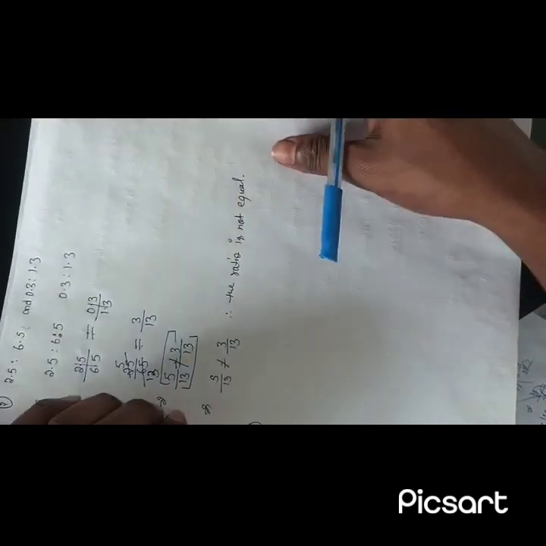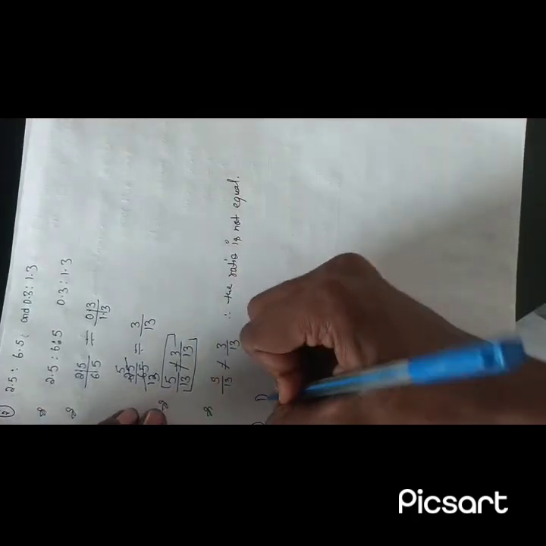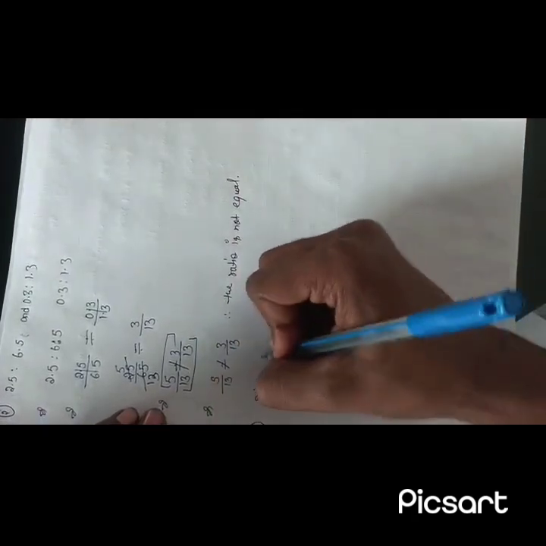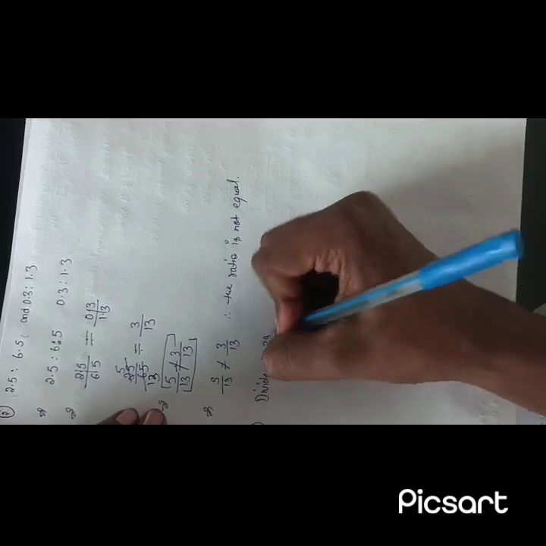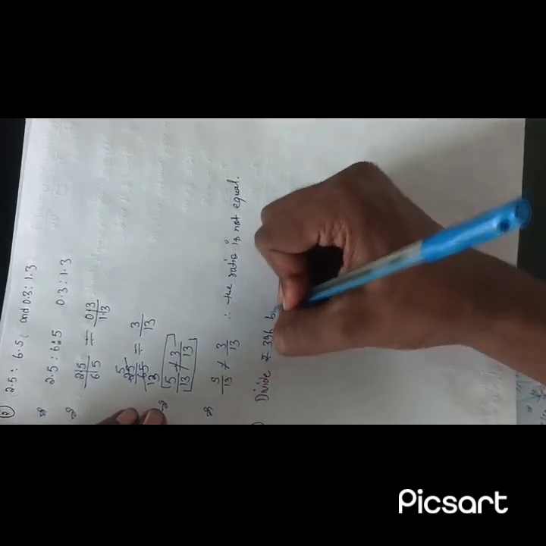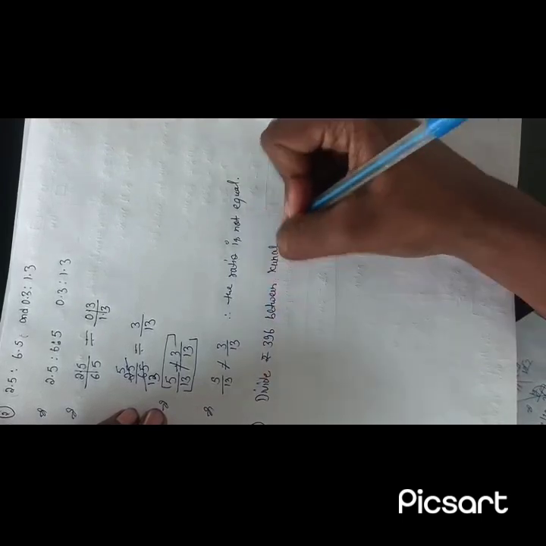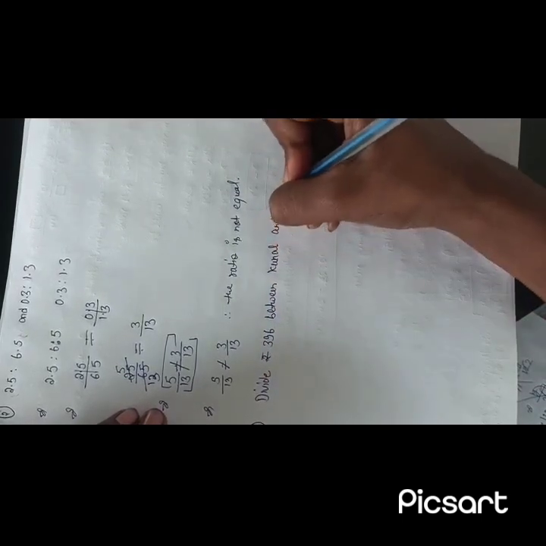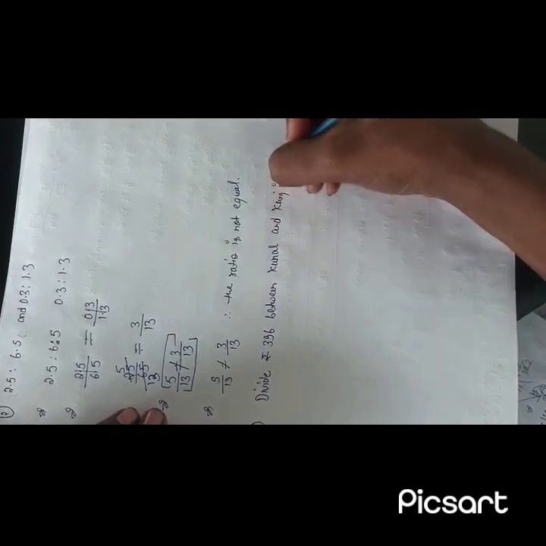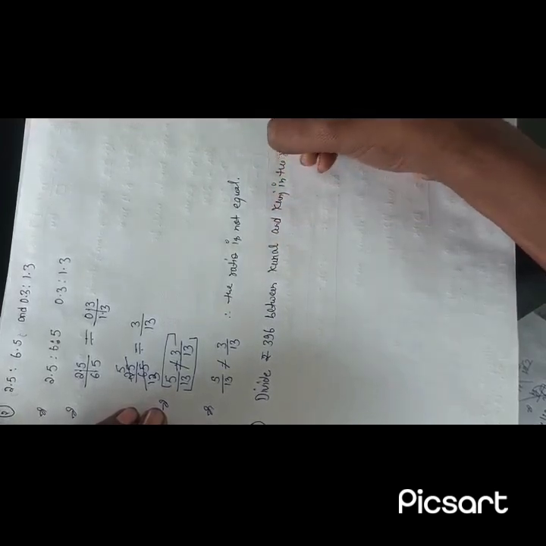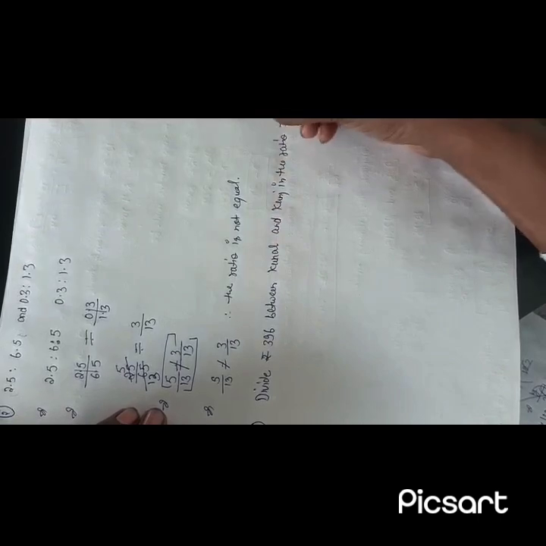Question number 6, it is saying divide rupees 396 between Kunal and Kunj in the ratio 7 is to 11.